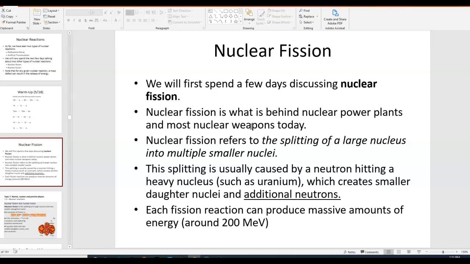Now, fission reactions produce massive amounts of energy, typically in the hundreds of mega electron volt energy ranges. That is a lot of energy. If you think about it, just to put things in perspective, we talked about ionization energy last year, the energy it takes to remove an electron from an atom.